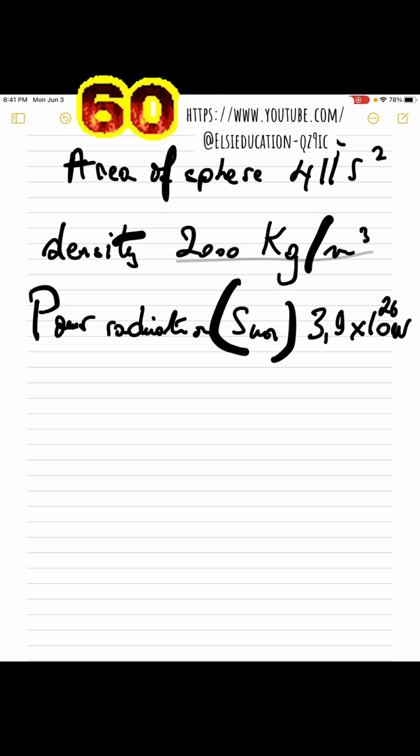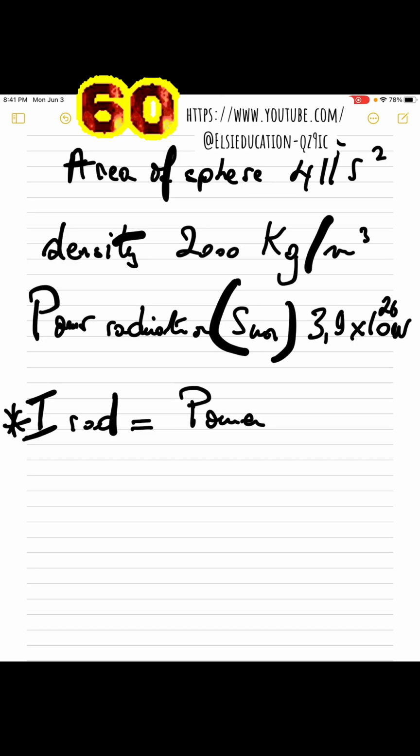First things first, we need to find the intensity that comes from the irradiation. This is the first part, and that's power divided by the area of the sun.